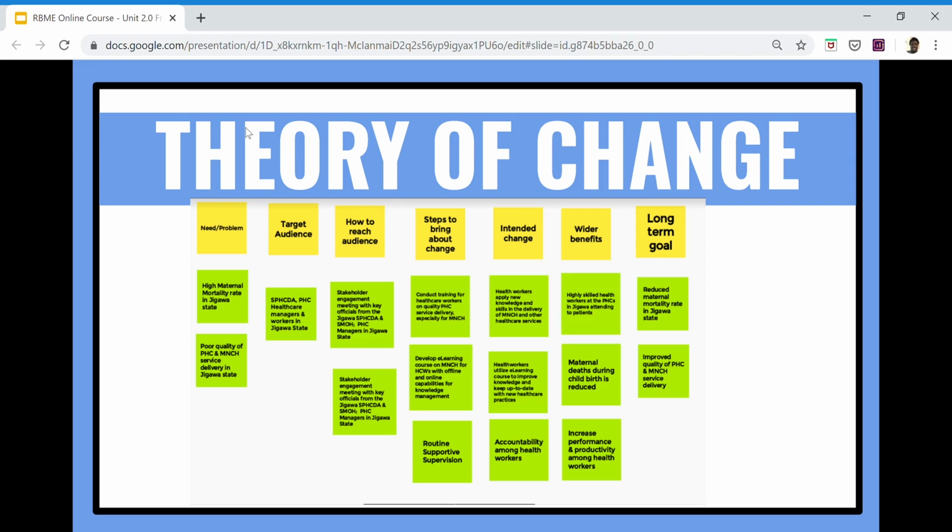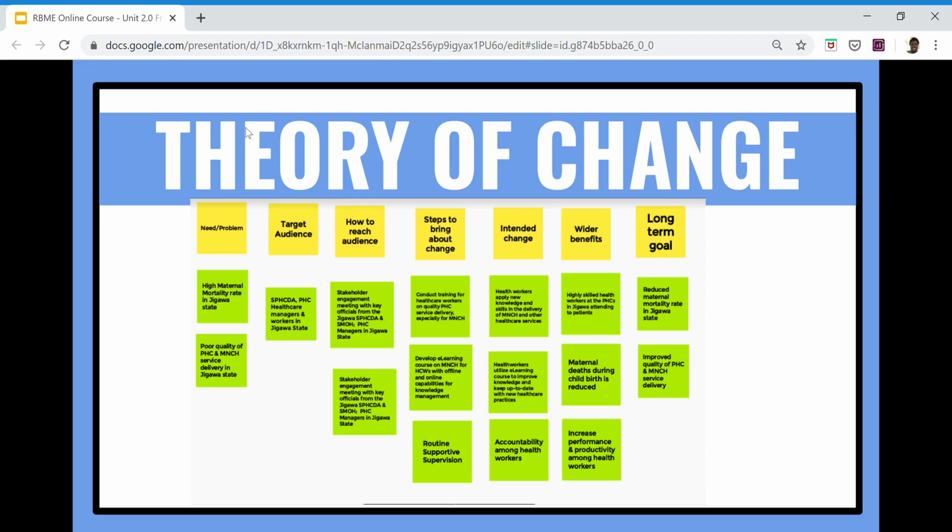So it's important you look at the theory of change. Either you construct one, if there was none, or you review the one that was done when you weren't there. So think about the target audience, then think about how to reach the audience in terms of activities that can be done, and inputs, at that stage.